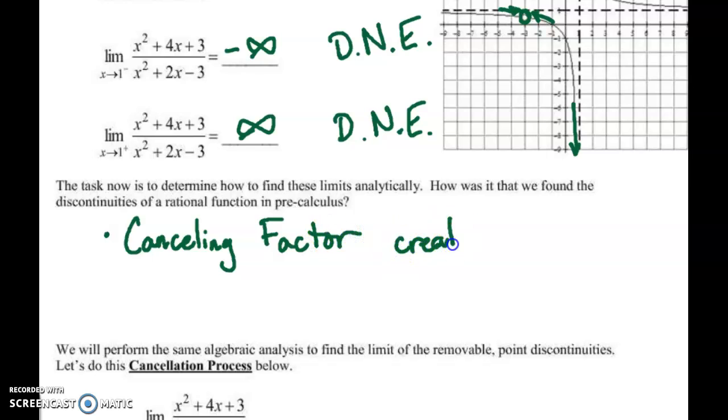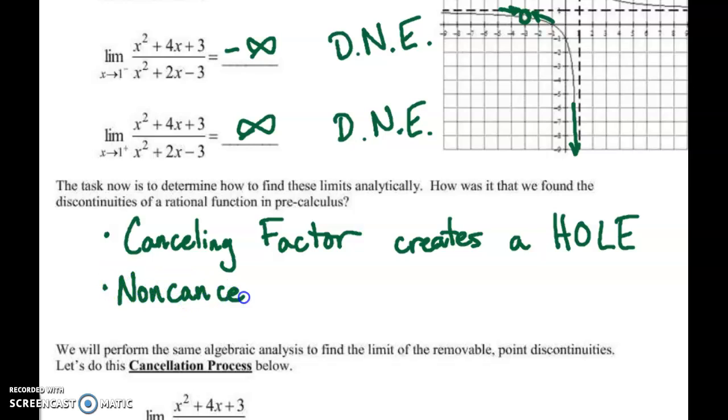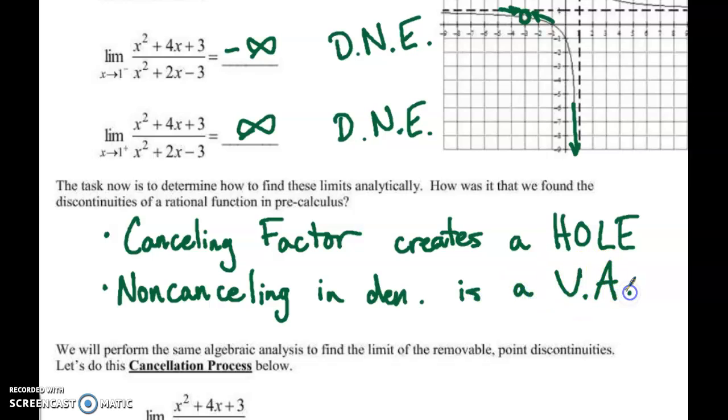So the limit does exist. Now the non-canceling factor in the denominator is a vertical asymptote. So there's a little bit more work to be done there.